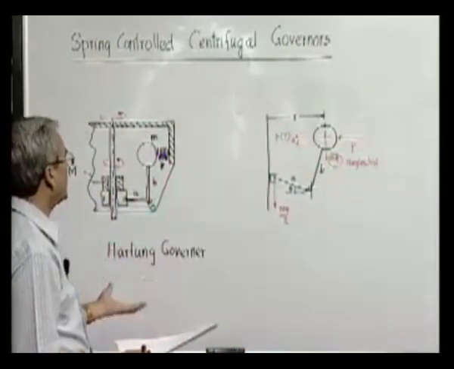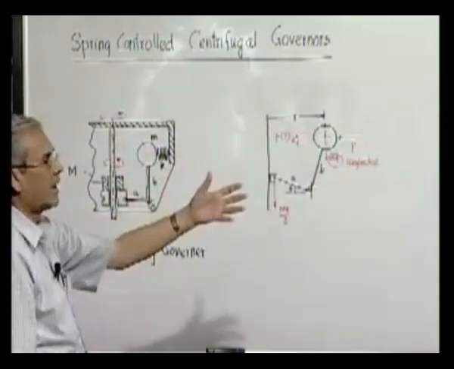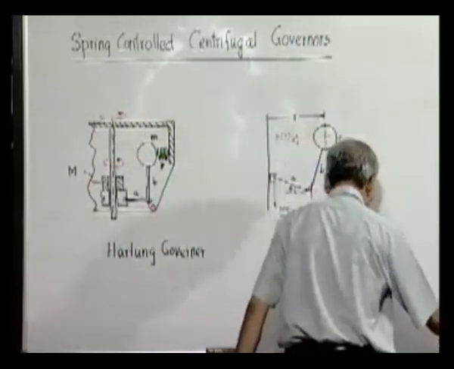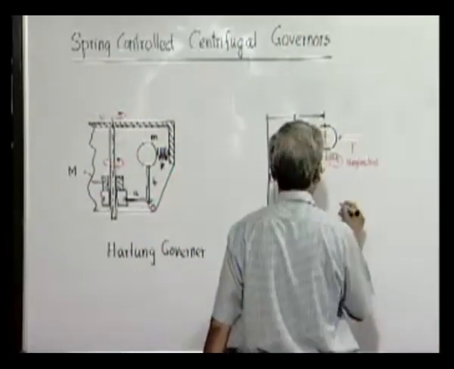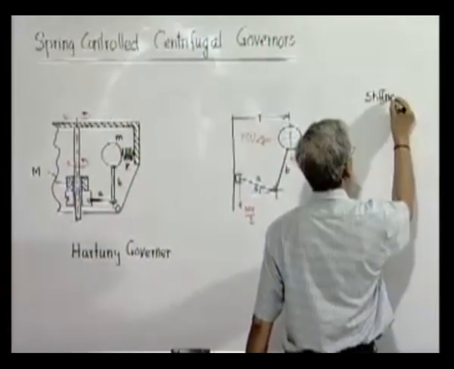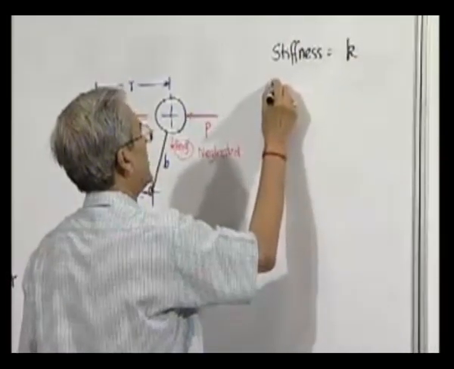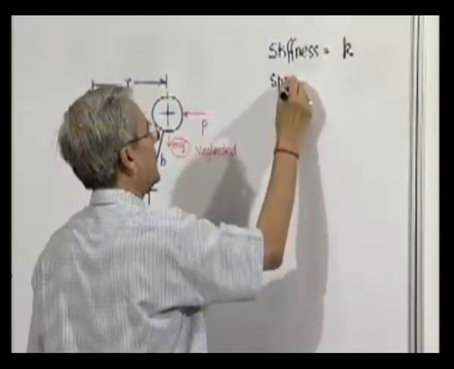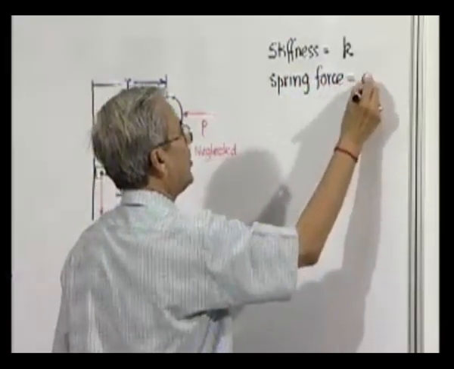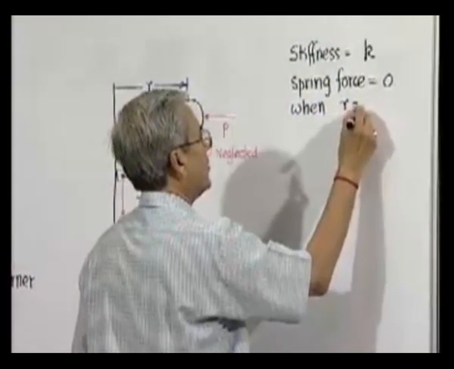Because once you find out that, the equilibrium position will be given by the condition that m omega square r is equal to Fr. So we have seen that the stiffness of the spring is k, and spring force is equal to 0 when r is equal to c.